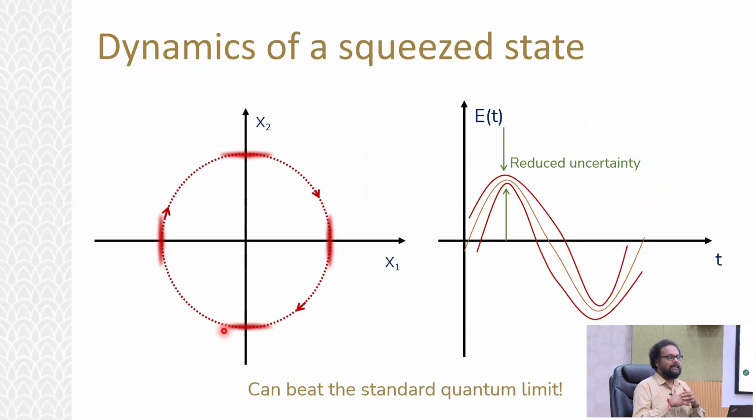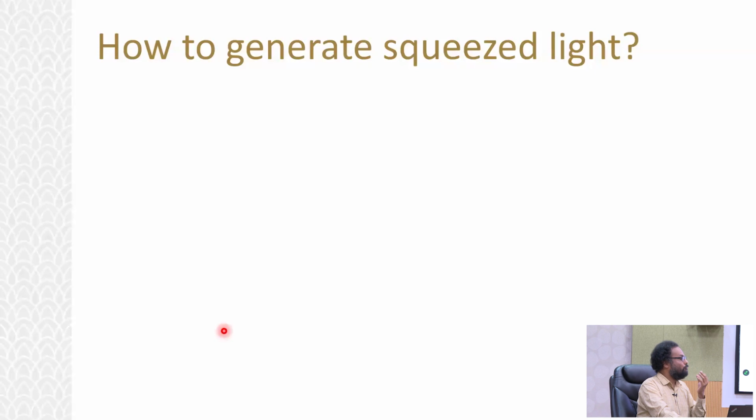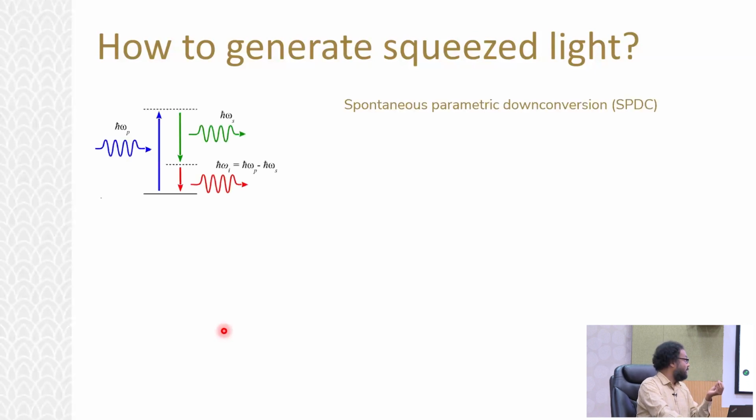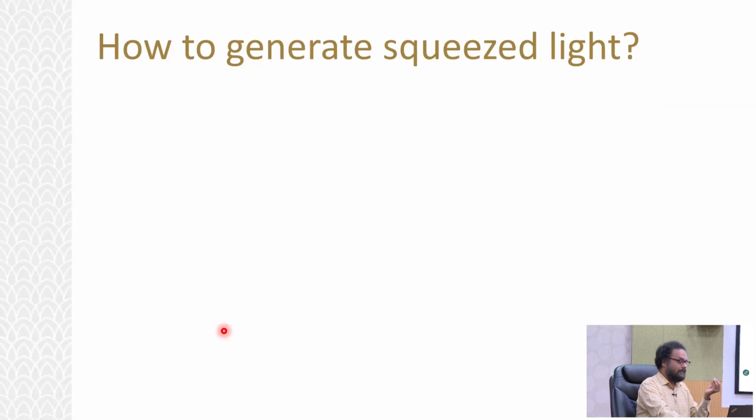Now, how do you generate a squeezed state? And I want to show one of, in my opinion, the first demonstrations of squeezed states. It happened quite early, and it uses spontaneous parametric down conversion, which Ritesh is an expert on. You know it very well, right?